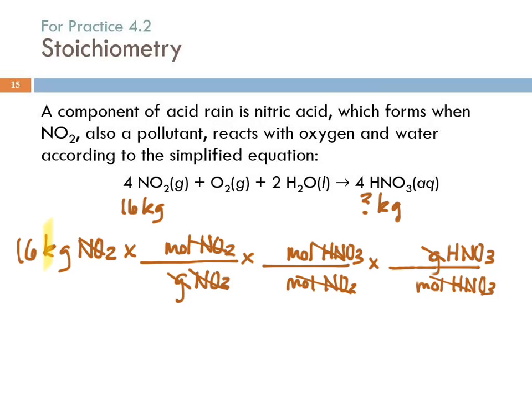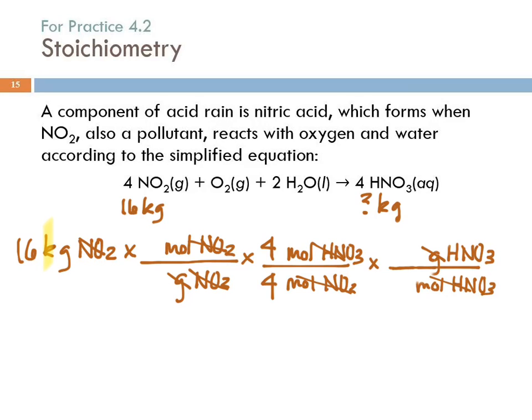Hopefully that was not confusing. I think it was. What goes in the middle fraction? It's the mole-to-mole ratio, which in this case is 4 to 4. How about moles to grams of NO2?